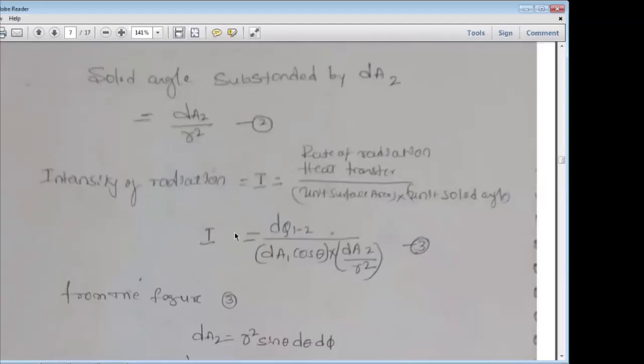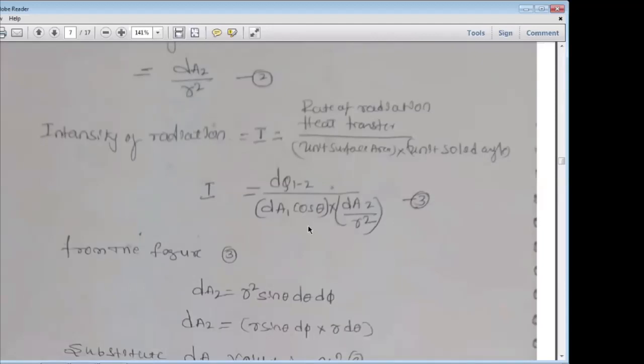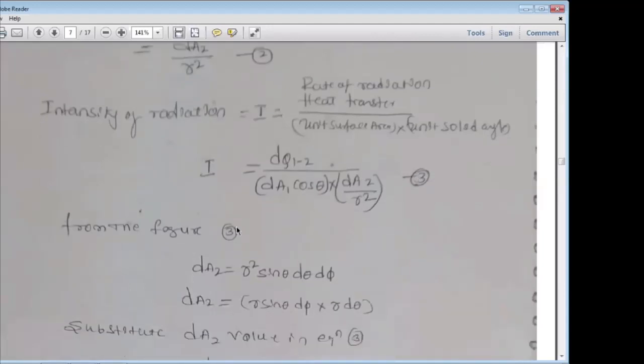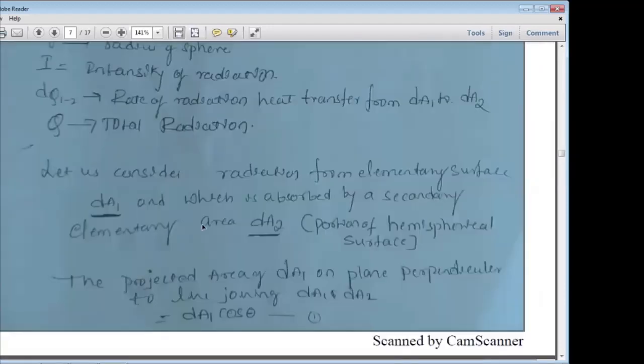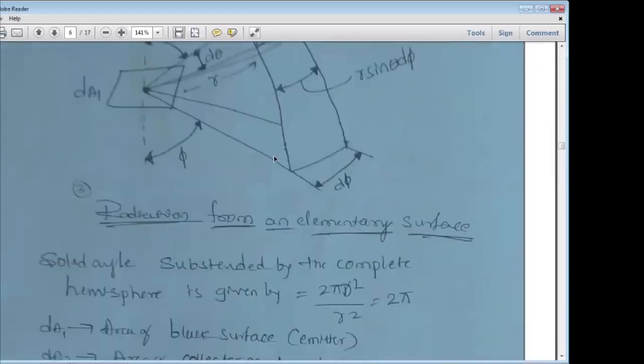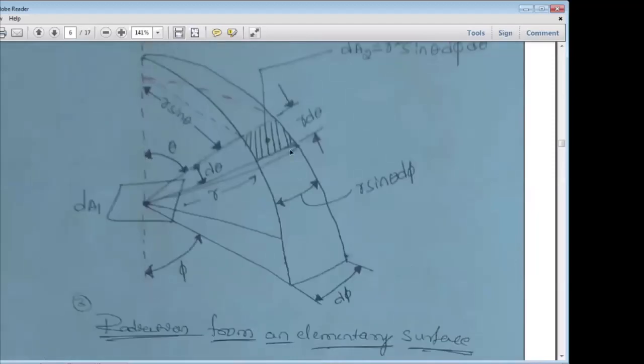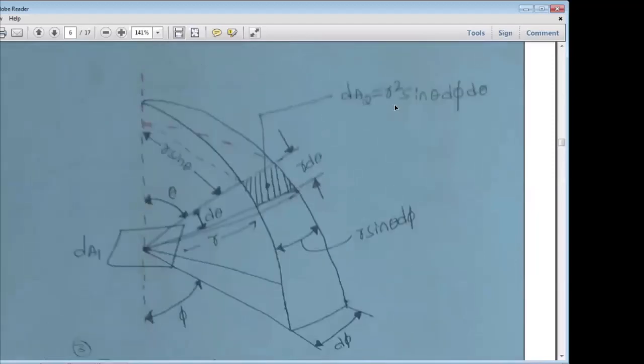So from the figure, what is dA2? dA2 is the surface area of the collector plate. It is R square sine theta d phi d theta, that is R sine theta d phi into R d theta.